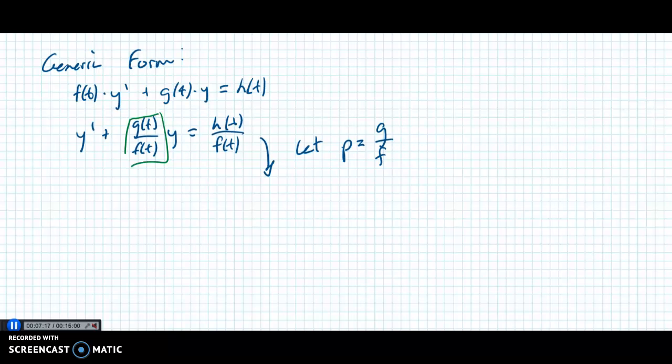And then I am going to let Q equal h of t over f of t. So that will replace this. So what I wind up getting is y prime plus p of t times y is equal to some new function q of t.